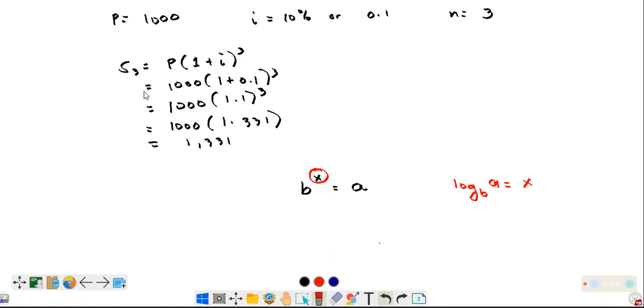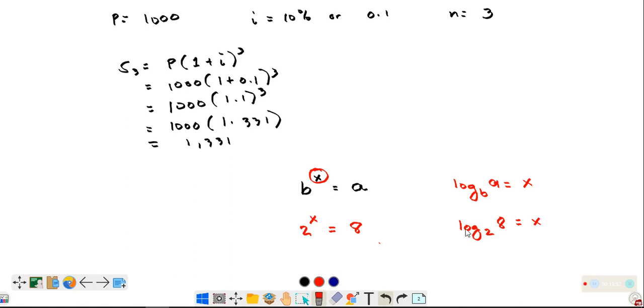Okay, so for example, our value here is 2 for the base raised to the power of x, which is equal to 8. So we are going to write this para makuha natin yung value ng x as the logarithm of 8 with base 2, which is equal to x.